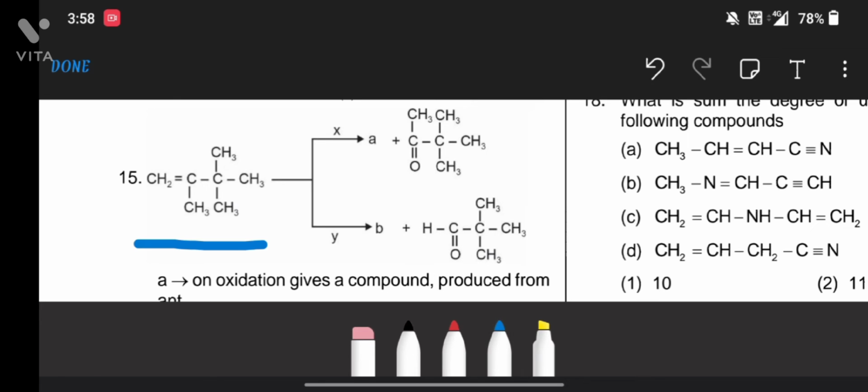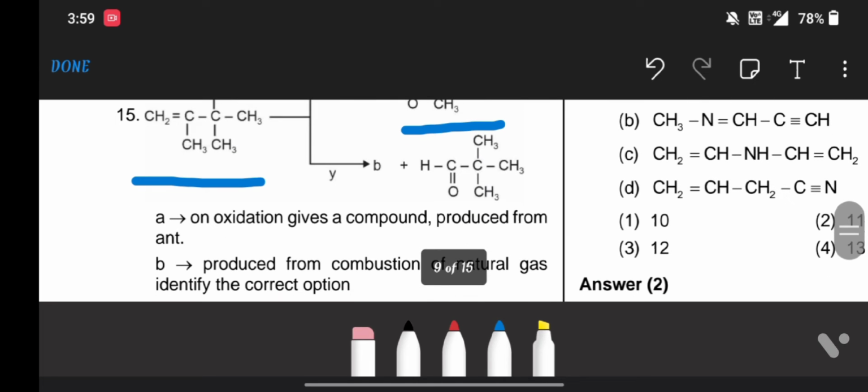Now this reaction is divided into two parts, A and B. Here X and Y are there. We have to find which catalyst or which reagent reacts. You should see this reaction, because if I read it you may not understand.